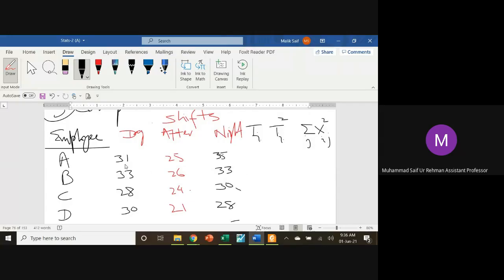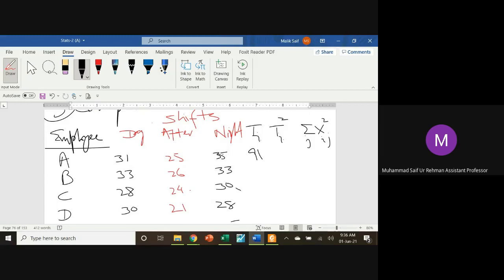So add these values to have Ti dot. 31 plus 25 plus 35 is 91.